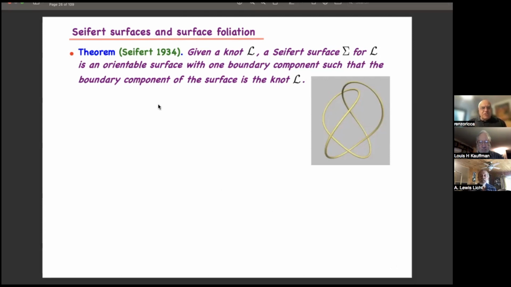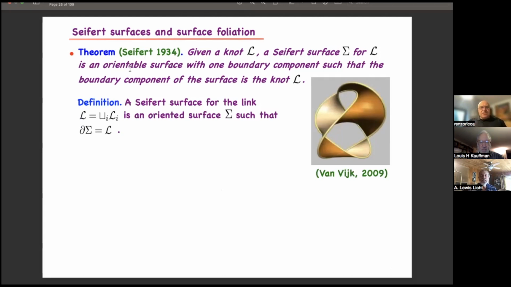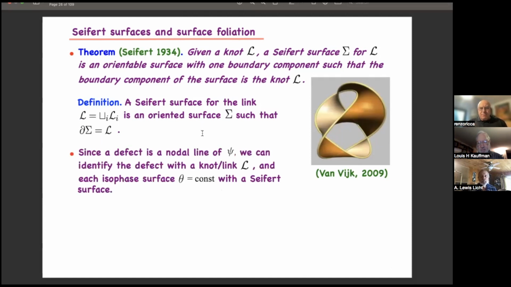It's important to remark that our surface has to be orientable, not only because we refer to a Seifert surface, but because of the physics. The Seifert surface for a link is, of course, given by this case where the link is indeed the boundary. Here we have a picture from Van Wyck on Seifert view.